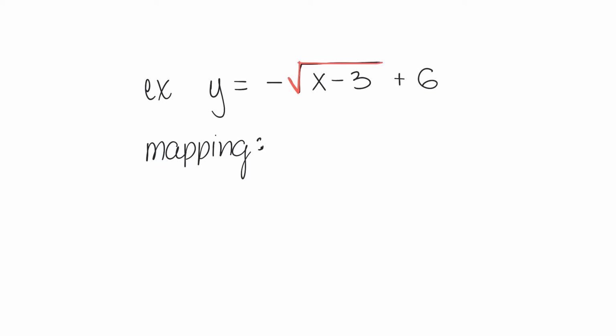The radical is functioning as brackets because we're thinking in terms of order of operations. So my negative is vertical and it's a reflection. This negative 3 is inside, it's horizontal, and it's a translation. The 6 is outside, it's vertical, and it's a translation.